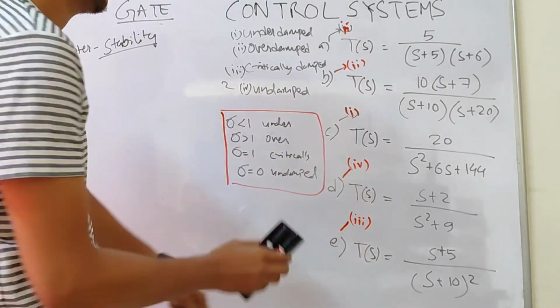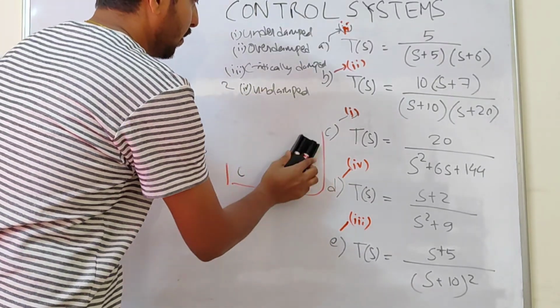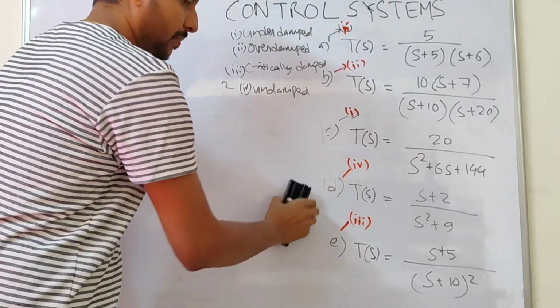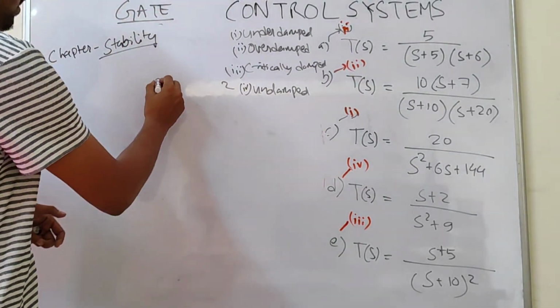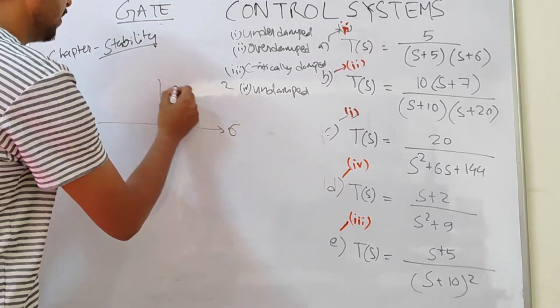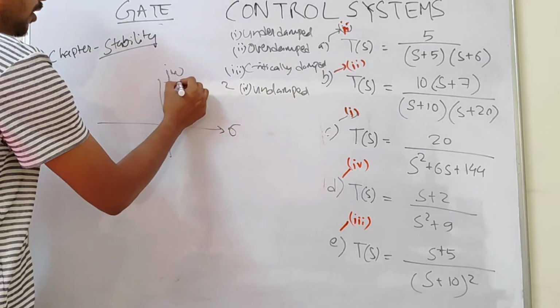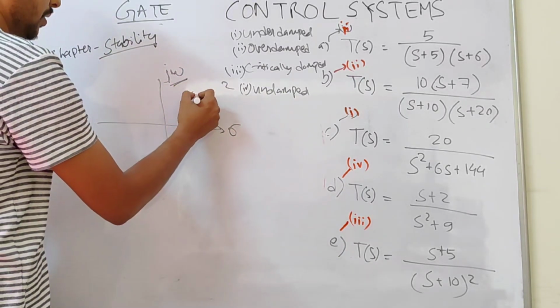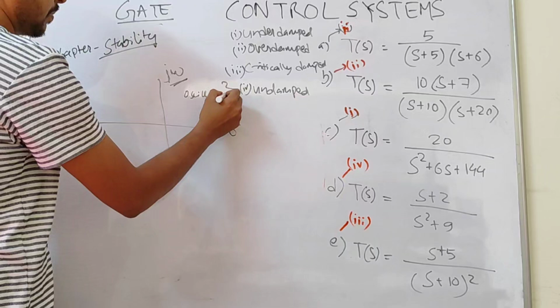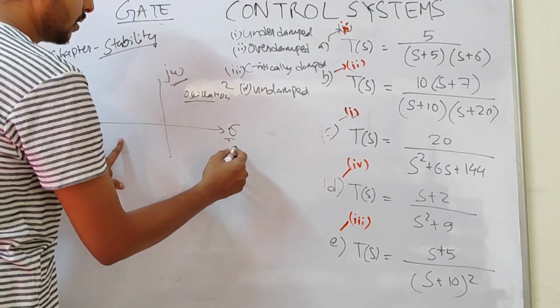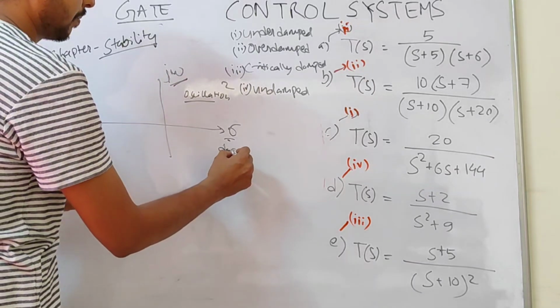Now just to summarize approach 2, what we do is we draw this sigma and j omega axis and we try to plot the roots. Whenever there is a j omega contribution, we say there is an oscillation. Whenever there is a sigma contribution on the left hand side, we say it's damping.